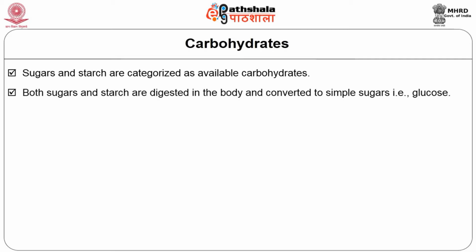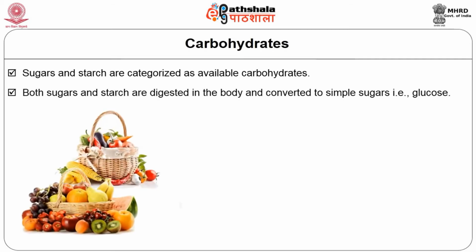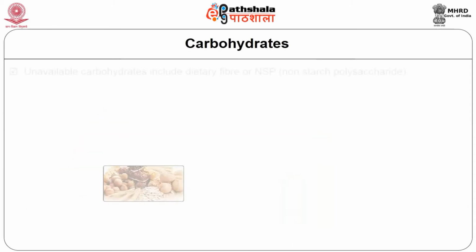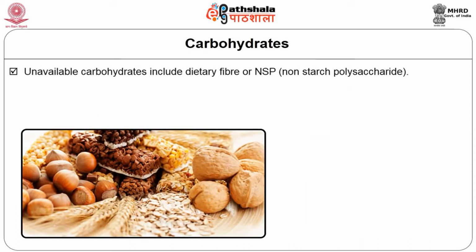Sugars are present naturally in fruits, vegetables and milk, and are also added to many processed foods such as confectionery, cakes and biscuits. Starch is found in foods such as bread, cereals and potatoes. Dear students, the other form of carbohydrates are unavailable carbohydrates.